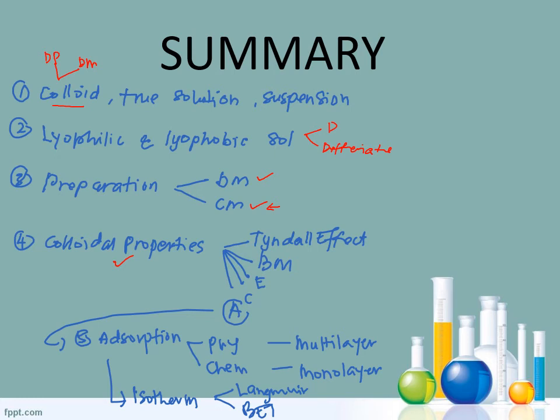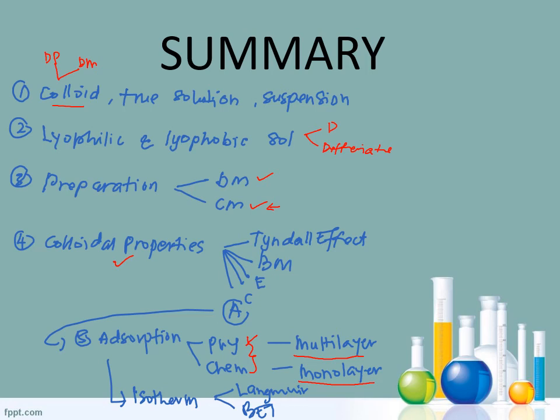Under adsorption, there are two types: physical adsorption and chemical adsorption. You should be able to come out with the differences between these two. Note that in physical adsorption, multi-layer adsorption occurs, and in chemical adsorption, monolayer adsorption occurs.